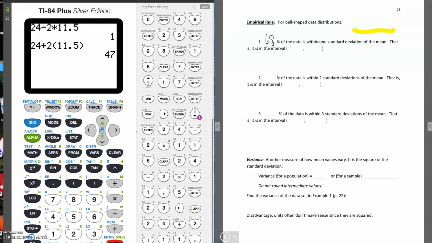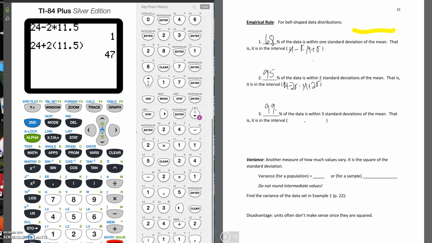68% of the data is within 1 standard deviation of the mean. So the mean minus sigma and the mean plus sigma. 95% of the data is within 2 standard deviations of the mean. So the mean minus 2 sigma and the mean plus 2 sigma.